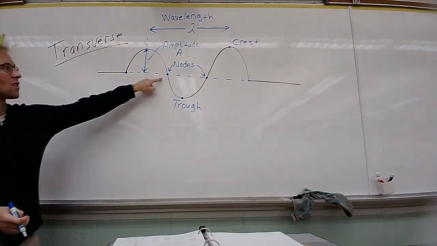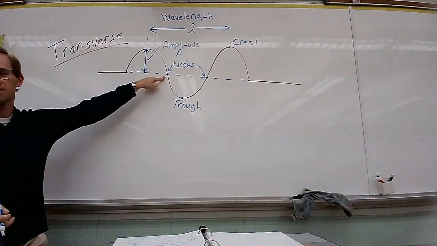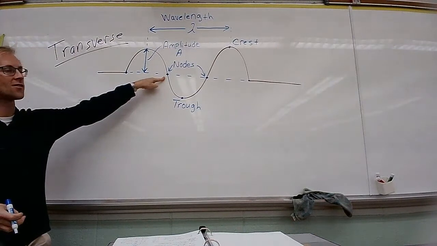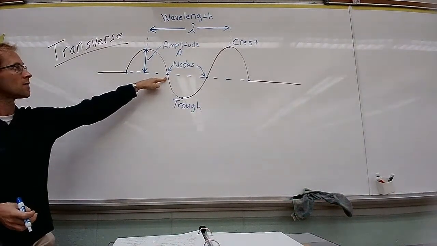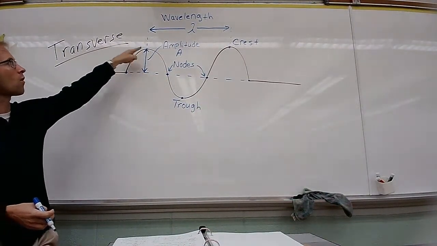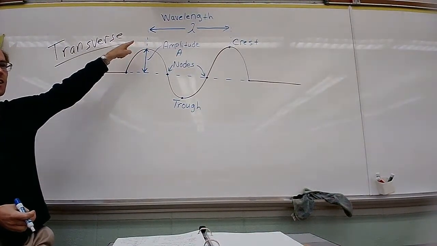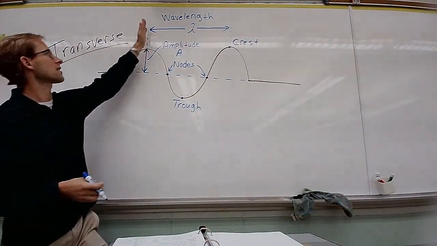So if this is a node, anybody have a guess as to what might be an antinode? The lines? Which lines? The ones that have no frequency or amplitude. Or like the no crest. Oh, like this?